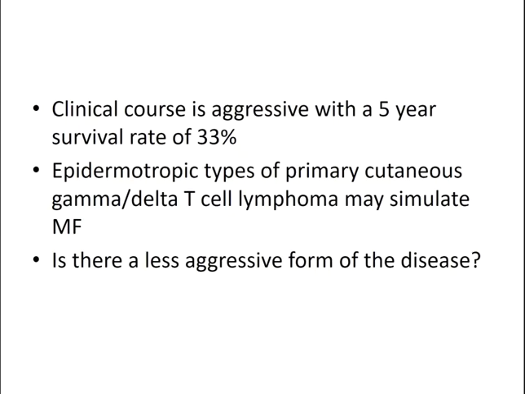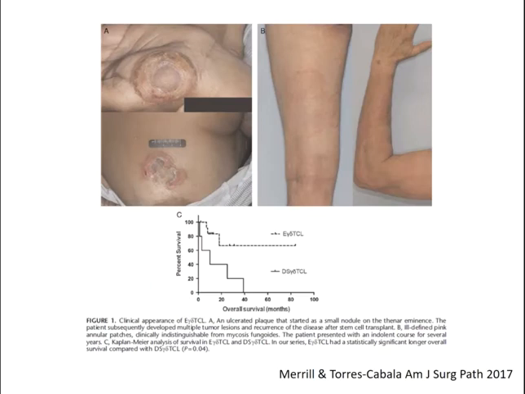So bad tumor, right? 5-year survival rate of 33%. But I was telling you, there are some cases that may present like MF, like this case here that we published in this series 2 years ago, of purely epidermotropic gamma-delta T-cell lymphoma. And this lady, I remember her very well because she started with a little bump on her hand. A biopsy was taken. It was called pagetoid reticulosis, which is a form of mycosis fungoides.